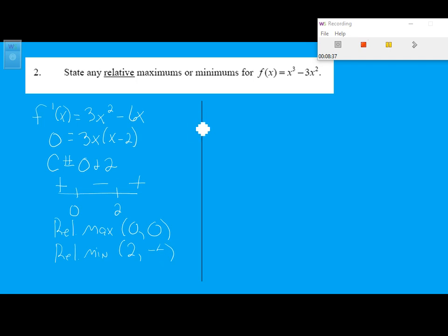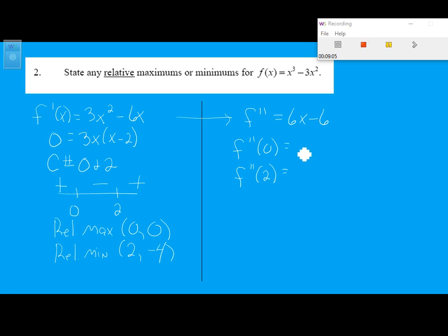While I'm here, if you'd rather, I could have also found the second derivative, which is 6x minus 6. Second derivative is 6x minus 6. I now need to find f double prime of 0 and f double prime of 2.